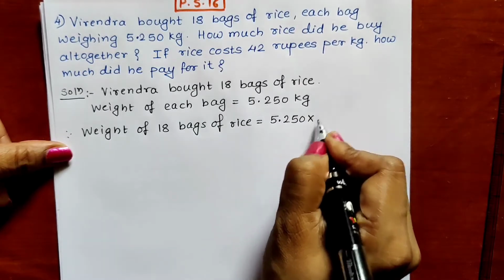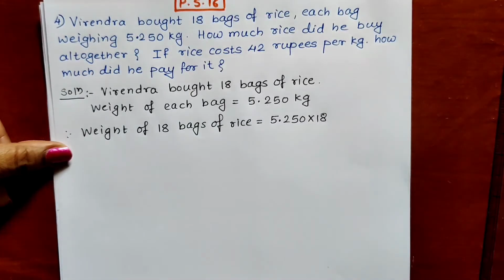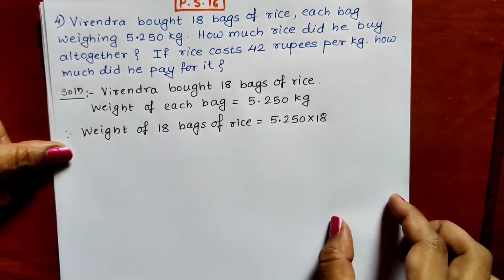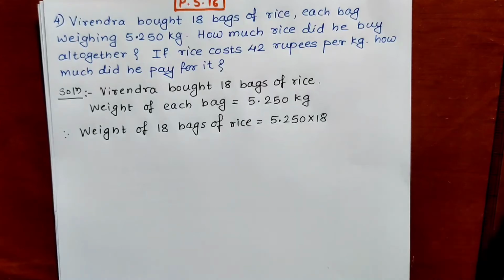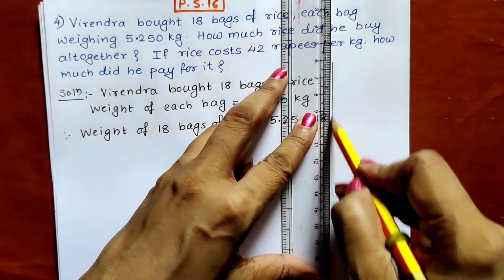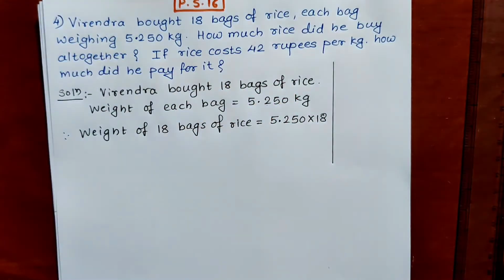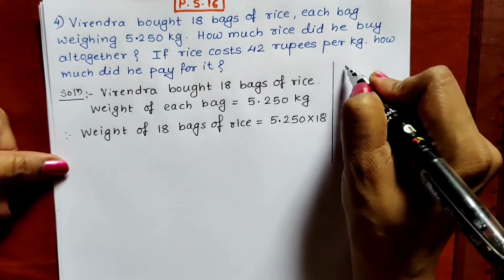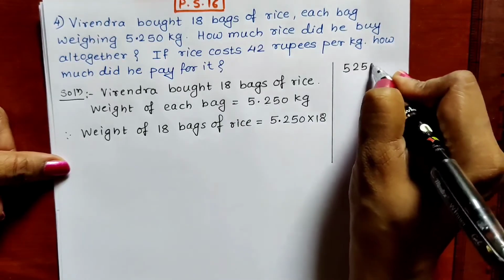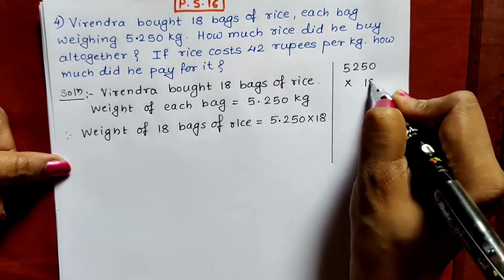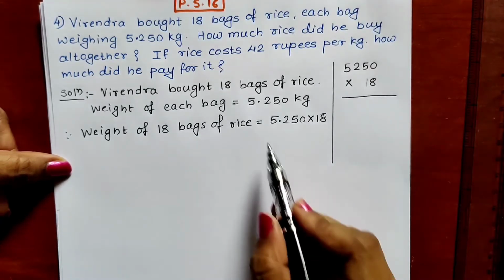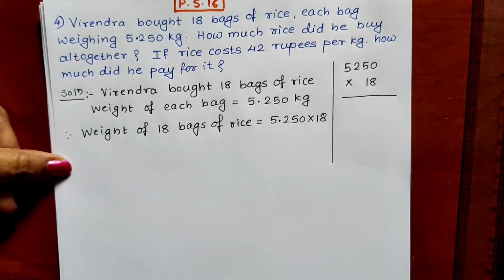5.250 multiplied by 18. Now this multiplication you can do in rough, or if you want you can show it here also. Okay, so I will be showing here. First I will be writing the number without the decimal point. 5250 multiplied by 18 without the decimal point I will be writing, and afterwards I will put the decimal point while writing the answer.